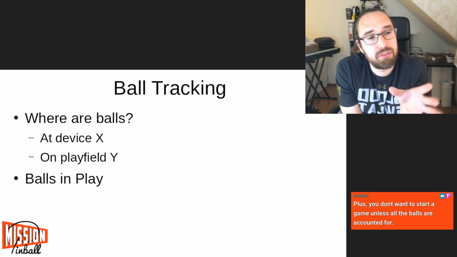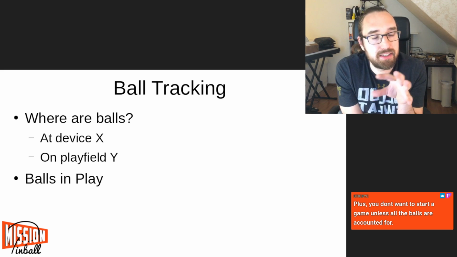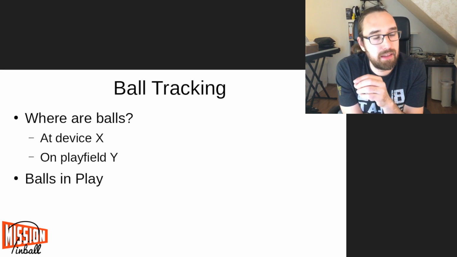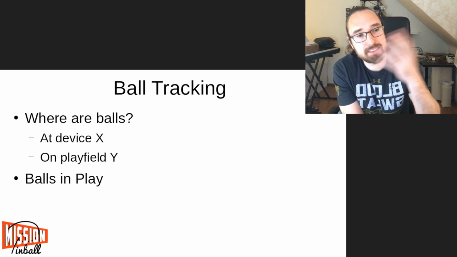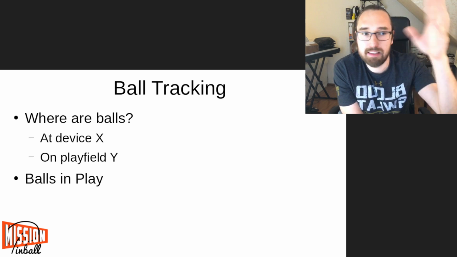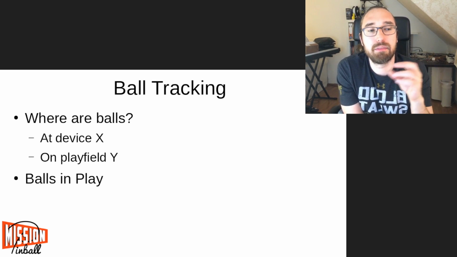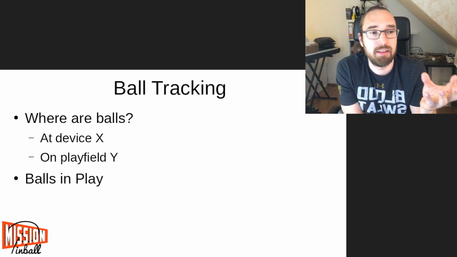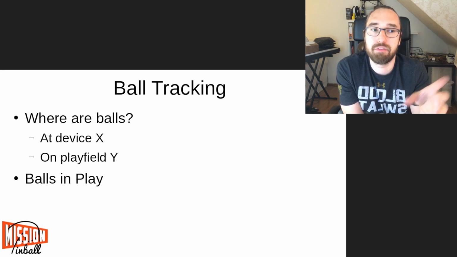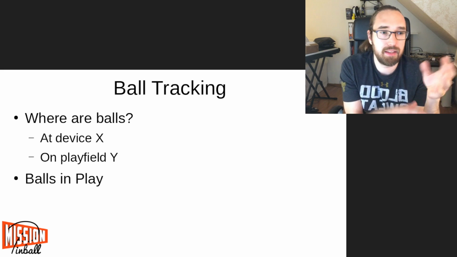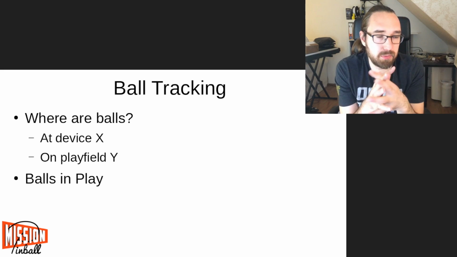And even if you know that all balls which are in play are in some ball device and there's none on the playfield, and the ball device ejects to the playfield and it hits any playfield switch, then we know that this ball actually made it to the playfield. And that's not valid if there's another ball in play, right? Then it might be another ball which hit the switch, for example.